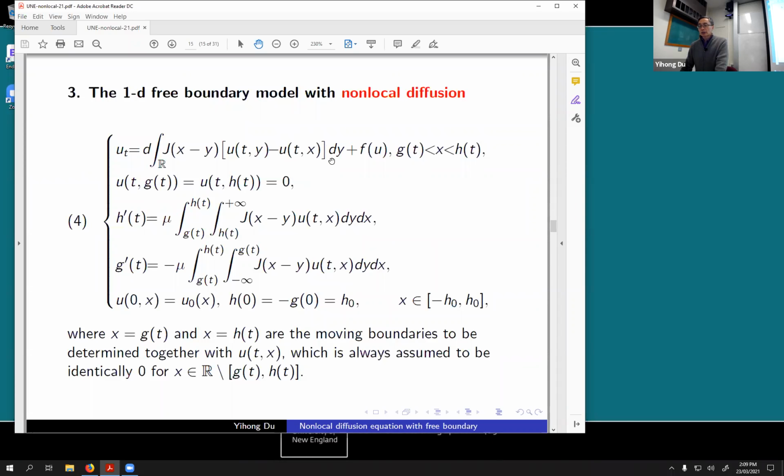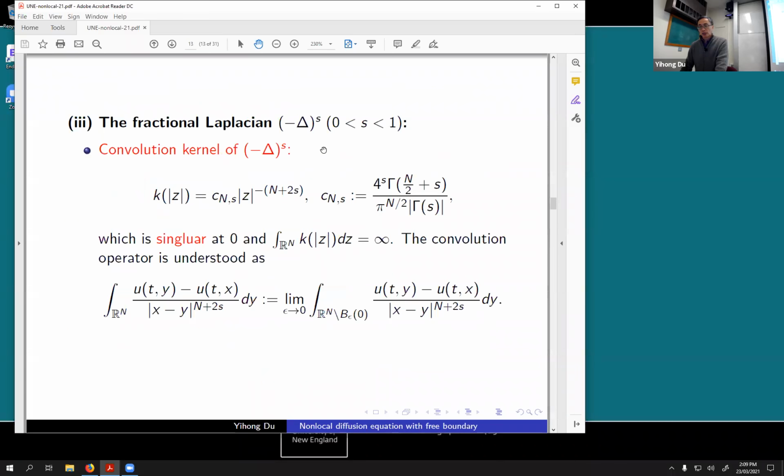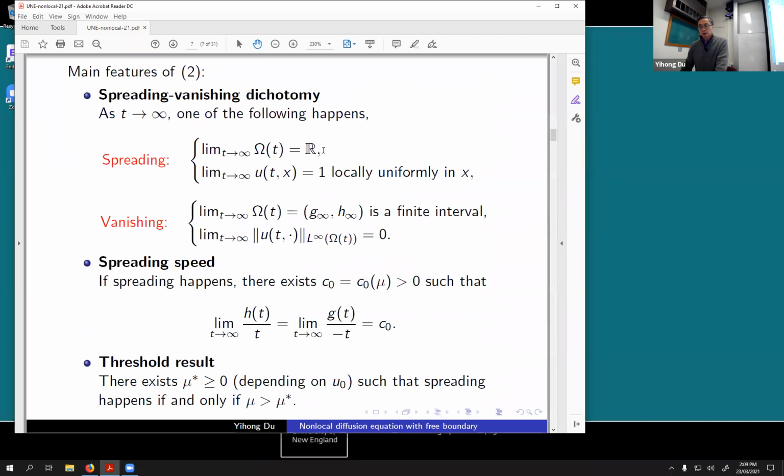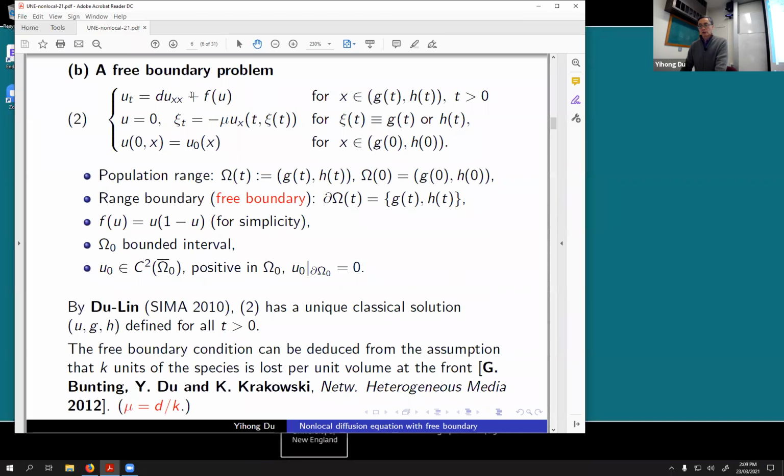Now, how about this problem with the free boundary? We look at (4). We replace this by the non-local diffusion operator. And again, the population range is a finite interval.